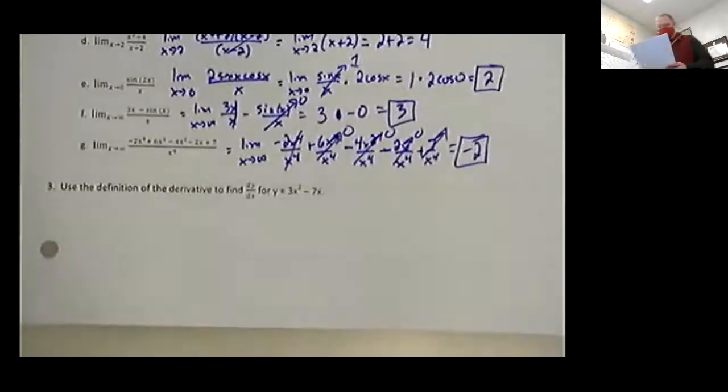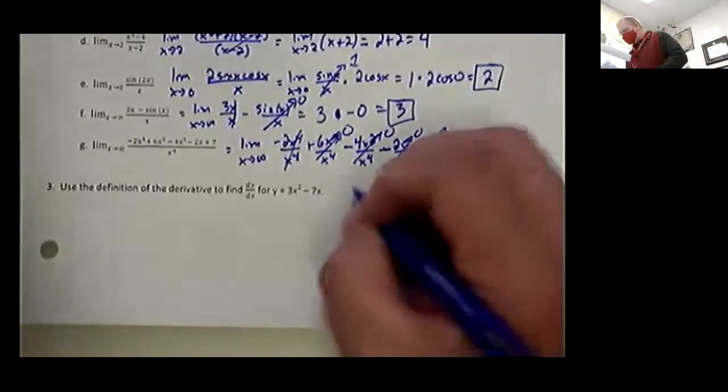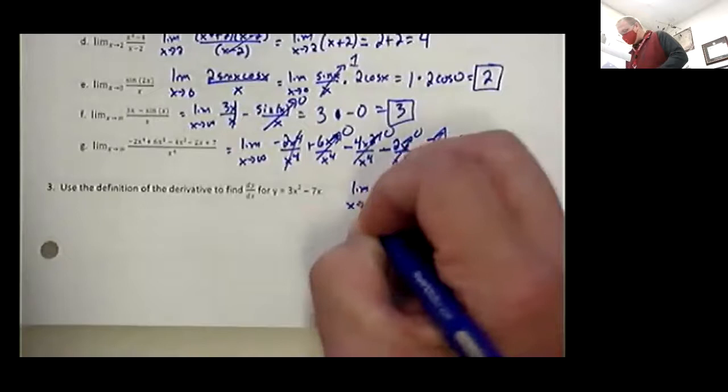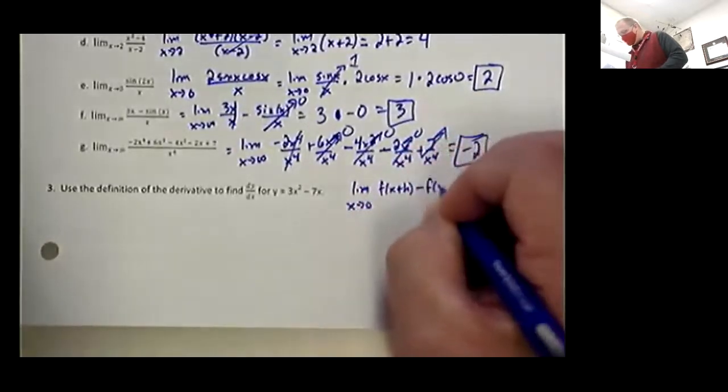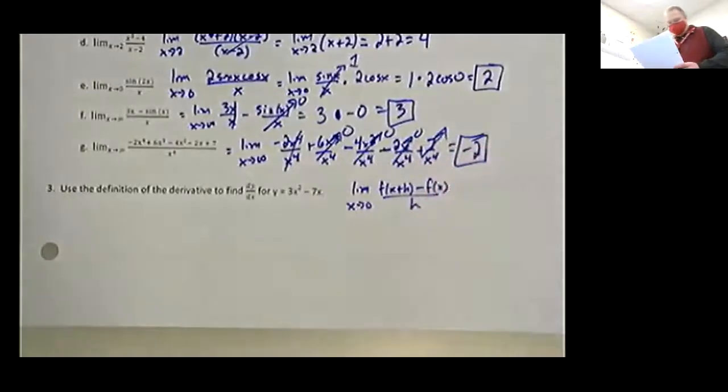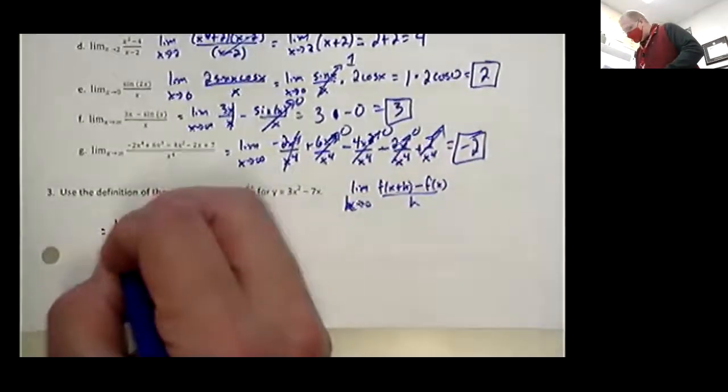Number 3, use the definition of the derivative to find dy dx for y equals 3x squared minus 7x. That is the formula, the limit as h goes to 0 of f of x plus h minus f of x all over h. That is then the limit as h goes to 0 of the function with the h plugged in.